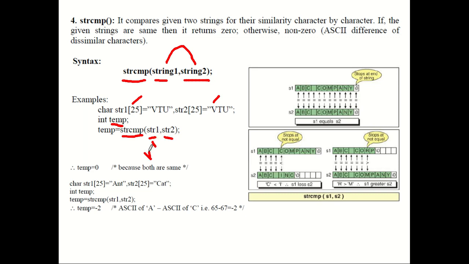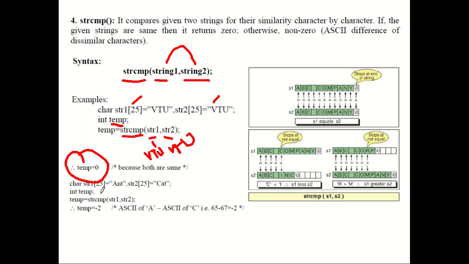Str1 is vtu, and str2 is also vtu. So both are the same. If both strings are the same, then temp will hold the value 0.